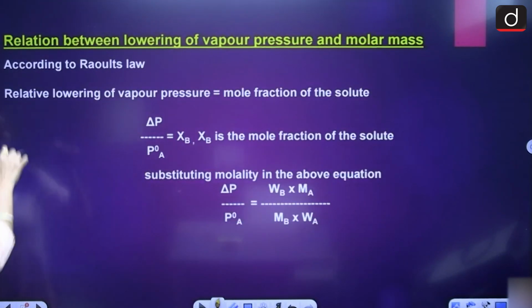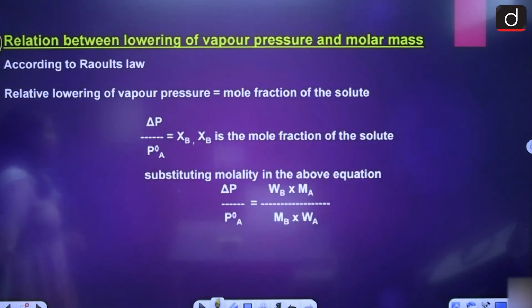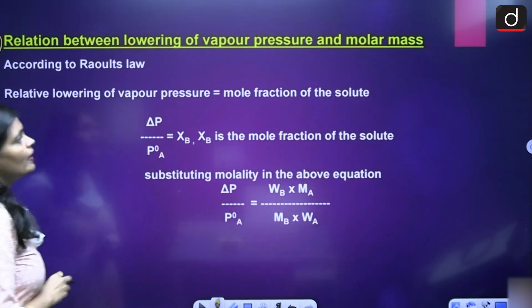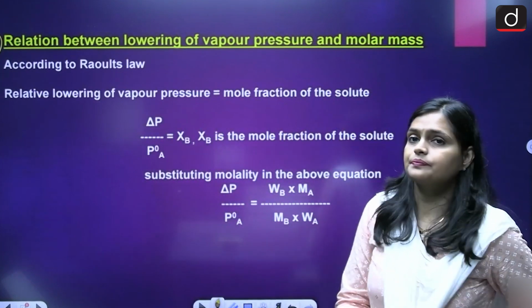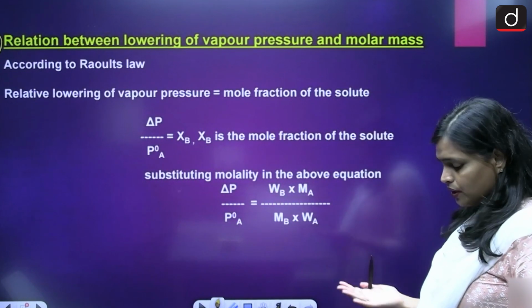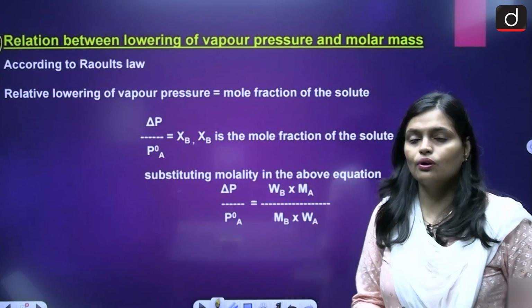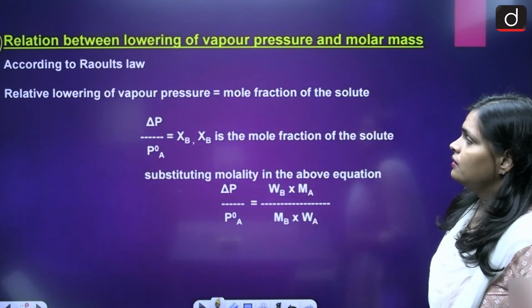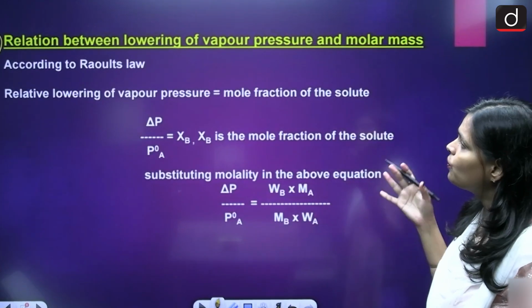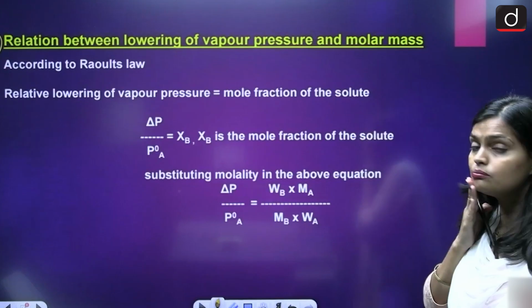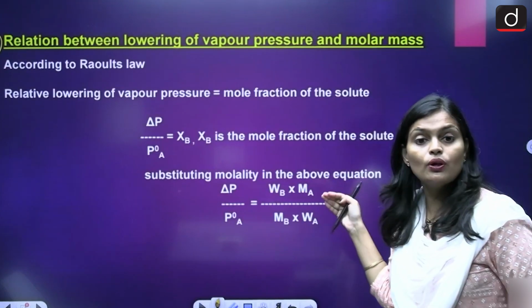Then the relation between lowering of vapor pressure and molar mass. According to Raoult's law, see how you are going to relate the lowering in vapor pressure with molar mass.